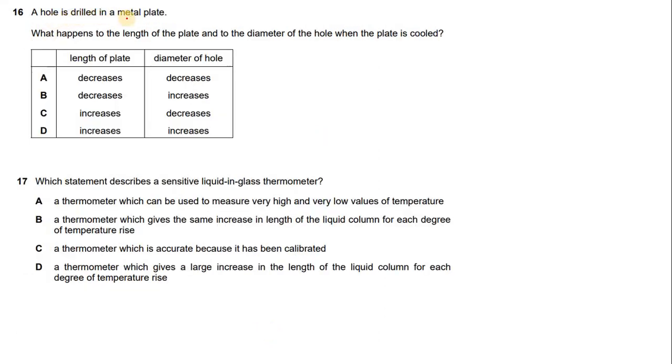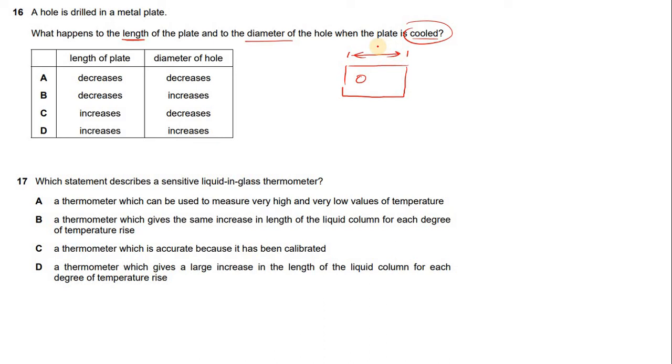A hole is drilled in a metal plate. What happens to the length of the plate and the diameter of the hole when the plate is cooled? So you have a plate and you drill a hole anywhere. When something is cooling, the size of the object or solid decreases. So the length is going to decrease.